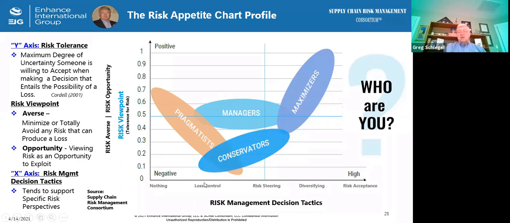Loss control, that's a different approach. Risk steering in the middle, diversifying, and then accepting risk. And Jim is going to give you some detailed definitions so that you can get grounded on both the perspectives, which are the ovals, and the tactics, which are supporting those ovals. So now I'll turn it over to Jim.